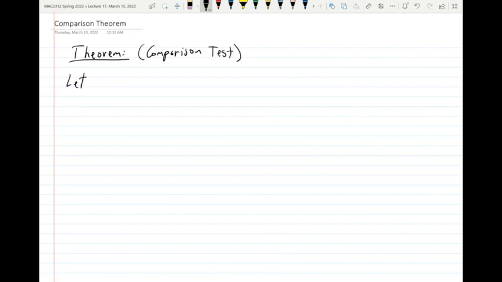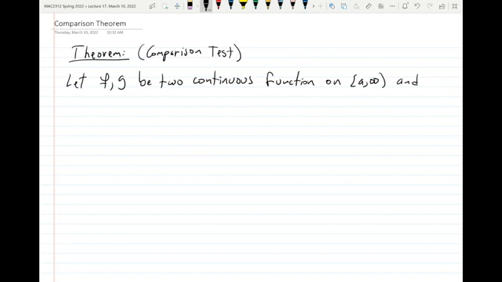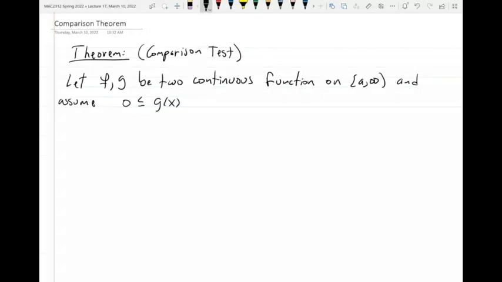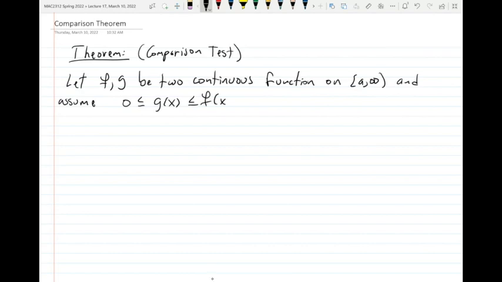Okay. So let f and g be two continuous functions on the interval from a to infinity, and assume that they are both positive and g is always under f.